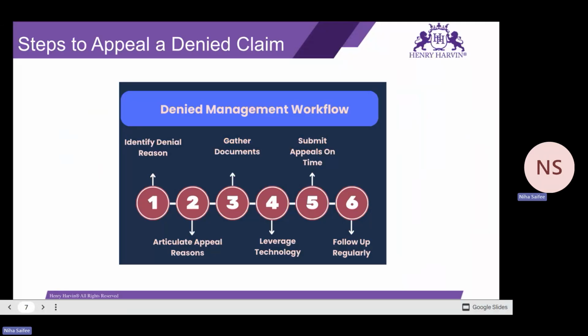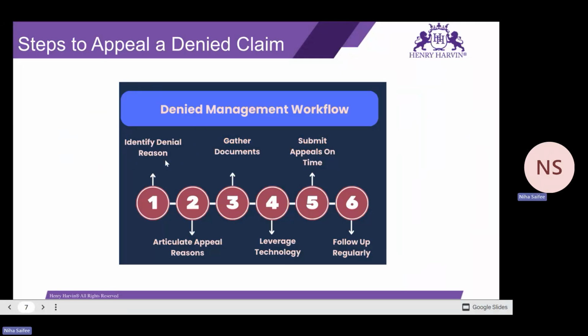When the claim submission is done, there is payment posting over there. That time, a lot of claims are denied. So when a denial is happening, what is the next step? Are we just going to sit like that and do nothing? Okay, I'm sorry, the claim was denied, we cannot do anything? No, the billing person understands what is the reason for denial.